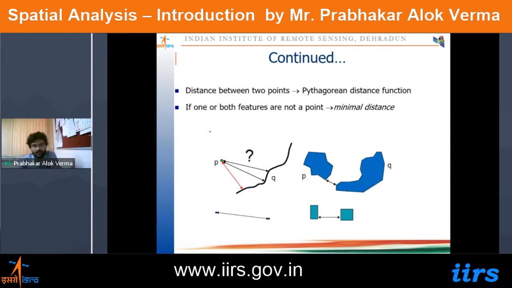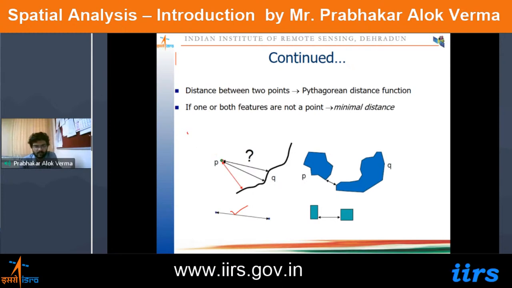If distance between 2 points needs to be calculated, that is very simple. You need to use the distance formula, square root of (x2 minus x1) squared plus (y2 minus y1) squared. So very easily distance can be calculated in case of 2 points.